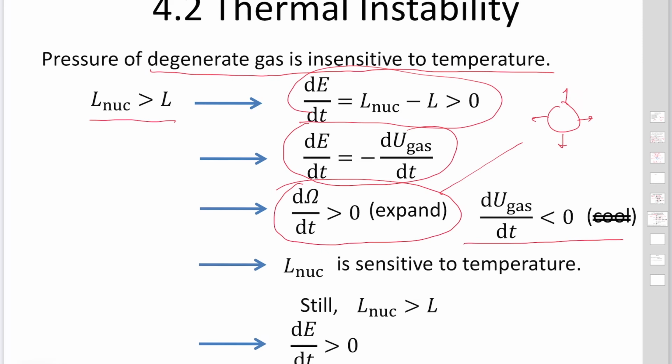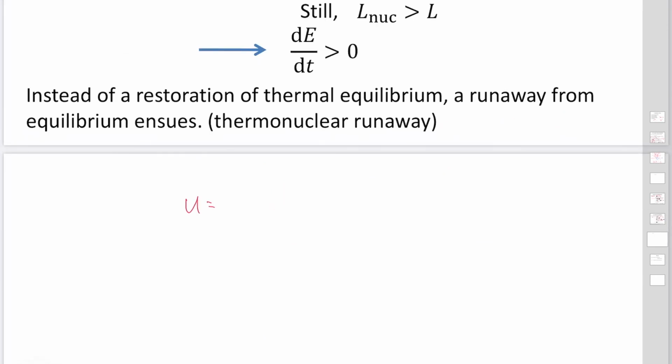dU_gas dt is a negative quantity, but this does not mean the temperature is going to drop, because U for the degenerate gas is expressed as one over rho times 3 over 2 times 8 pi over 15 times m_H cubed times p_0 cubed, and p_0 is (3 n_e over 8 pi) to the one third times h, where n_e is the number density of electrons.